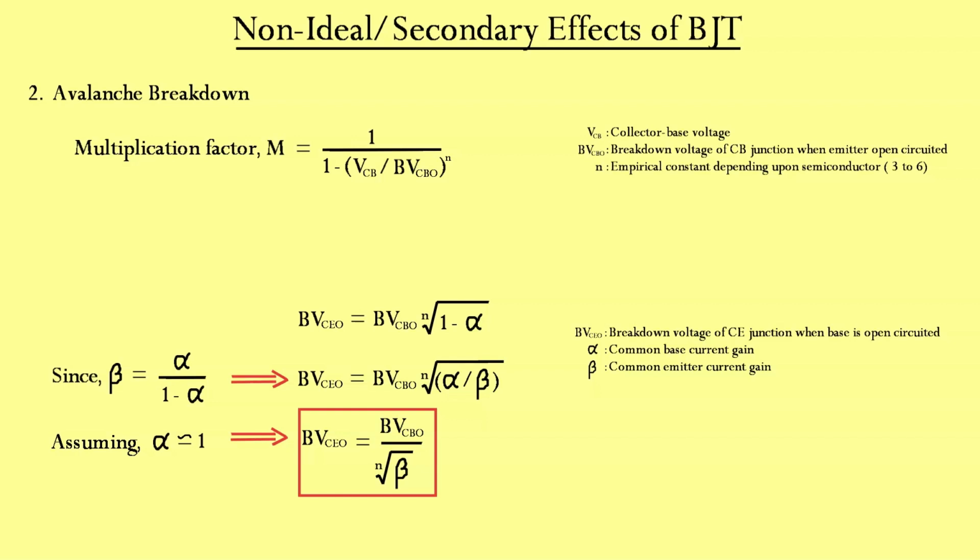Another formula is breakdown voltage of collector emitter diode when base is open circuited is equal to breakdown voltage of collector base diode when emitter is open circuited into nth root of 1 minus common base current gain. By simple rearrangement and approximating the value of common base current gain to be equal to 1, we can write breakdown voltage of collector emitter diode when base is open circuited to be equal to breakdown voltage of collector base diode when emitter is open circuited divided by nth root of common emitter current gain.